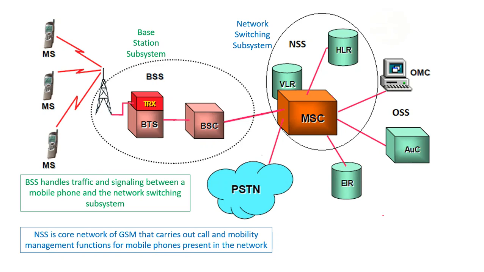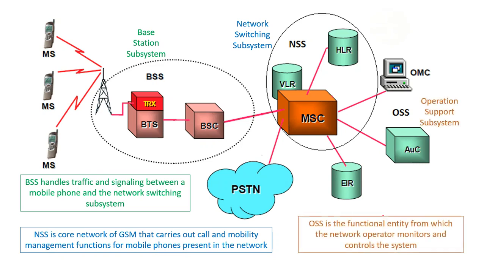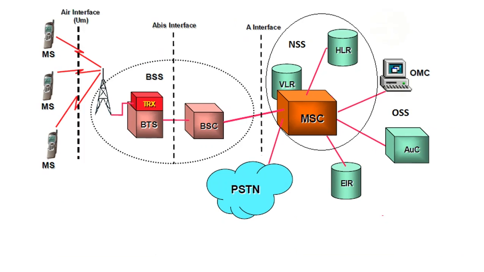It's like VLR, HLR, AuC, EIR. Next one is OSS, which is Operation Support Subsystem. OSS is the functional entity which the network operator monitor and control the system. OMC is the part of OSS.